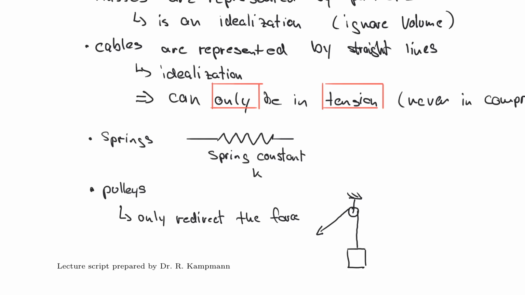Then the box, of course, is attracted by gravity and it wants to pull down, and there's tension in this part of the cable here, and that is no different from the tension here. So those pulleys only redirect the force, they don't change the force. That is very important to understand for some problems that you solve.